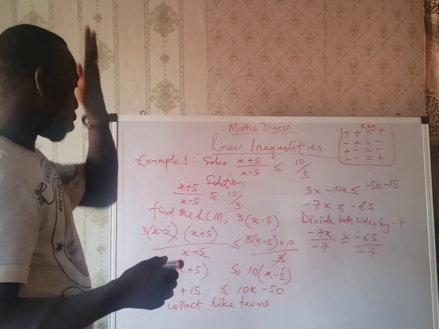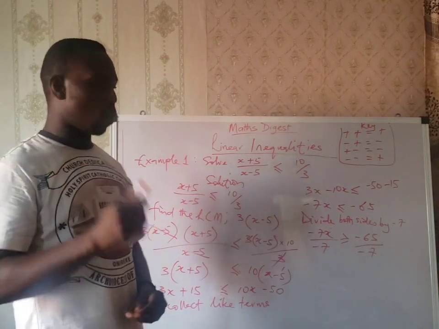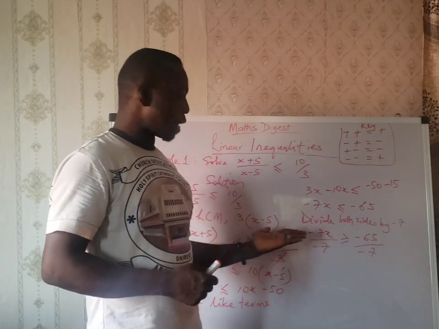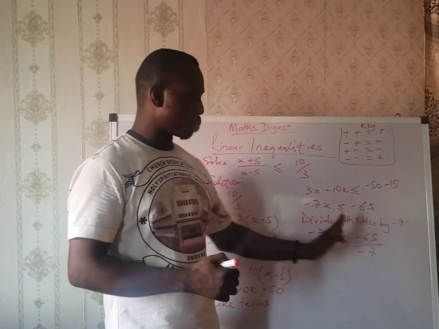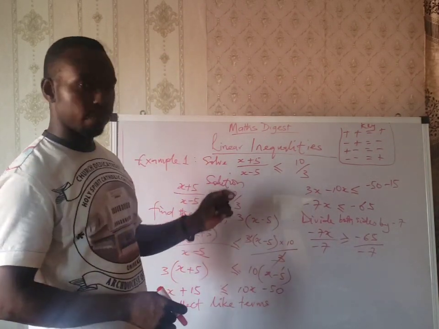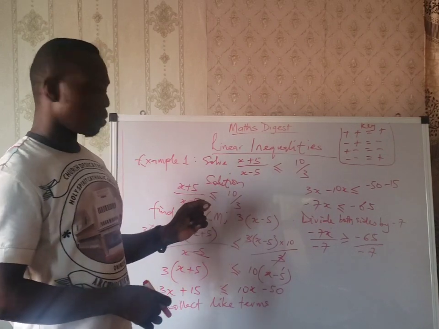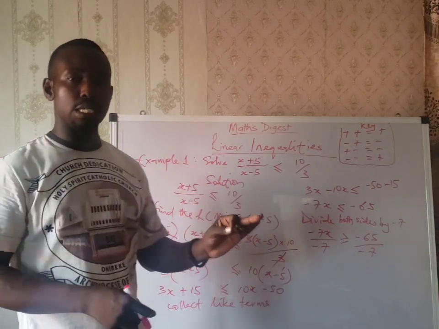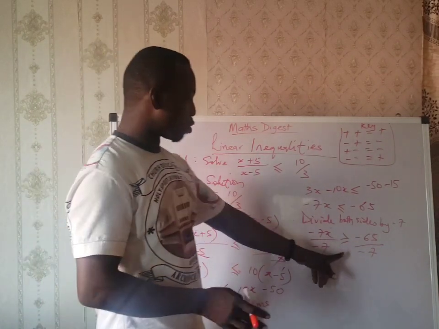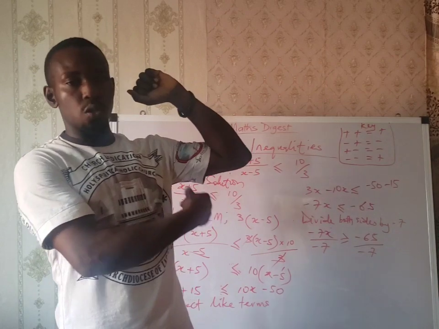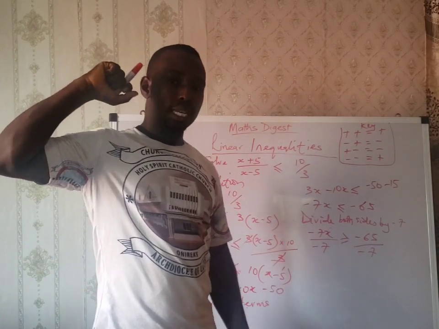Now, something happened here. Remember our law: if you want to divide or multiply both sides of the inequality by a number or variable that bears a negative sign, the inequality will change. Since it was less than or equal to, it will change to greater than or equal to.